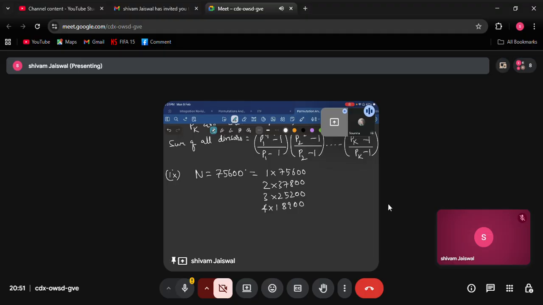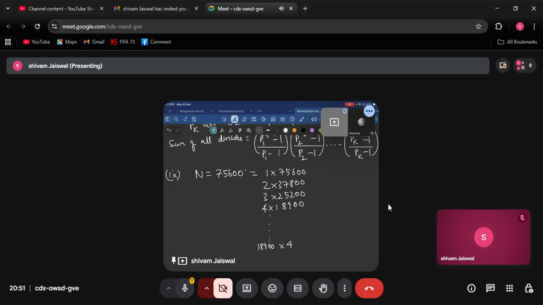Okay, I'll write down all the ways in which 75,600 can be written as a product of two numbers. Somewhere in the end, you will get 18900 into 4. Okay, are you people getting what I am doing? Left hand side I am increasing, right hand side I am decreasing.